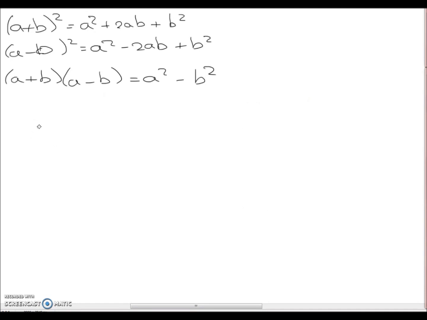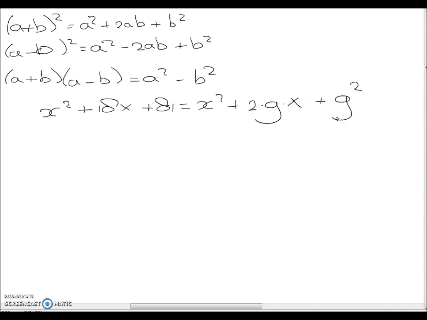The other important thing you need to learn is how to recognize these remarkable products. So let's say we have x squared plus 18x plus 81. And you're being asked to factorize this, for example, because it's part of an equation. Well, you note that this is the same as x squared plus 2 times 9 times x plus 9 squared.